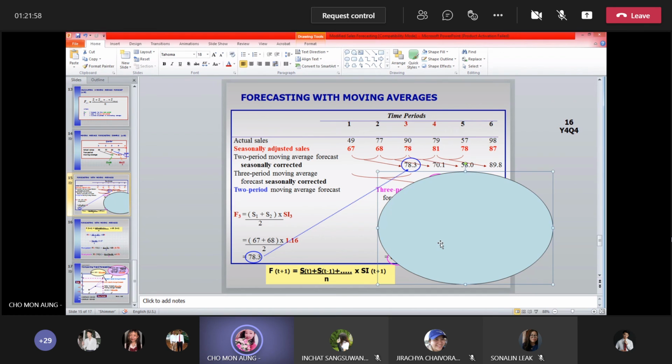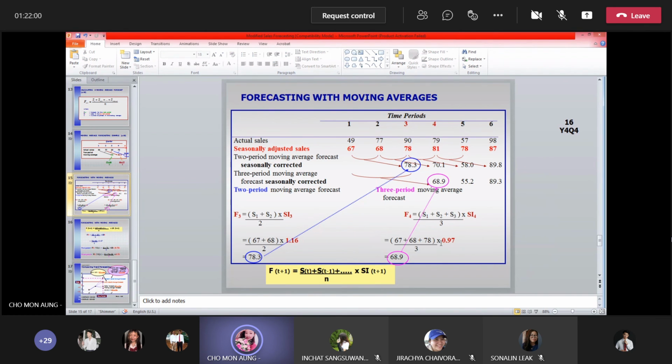So what about one more? 3-period moving averages. We just add one more period, that's it. When we add one more period, then we multiply by the seasonal index of that future period. The same thing here. Okay?